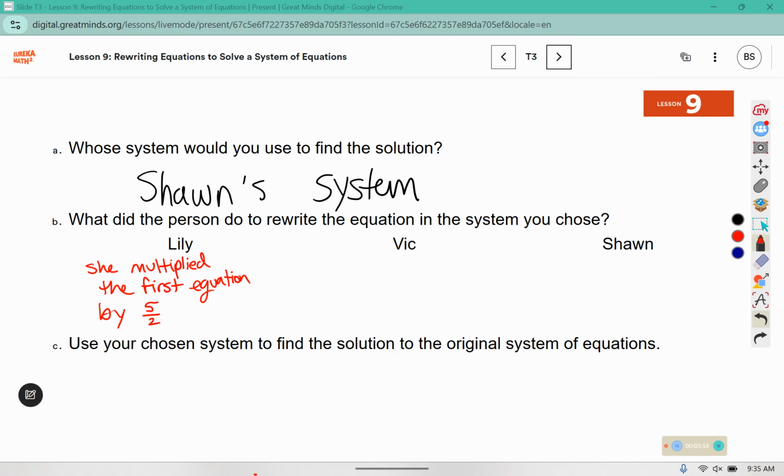For Vic, he multiplied the second equation by 2/5. And Sean divided the first equation by 2.